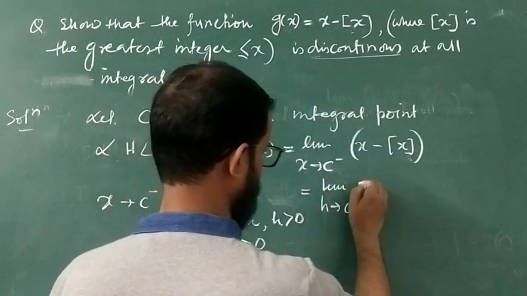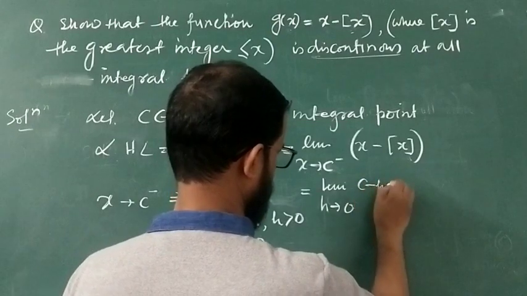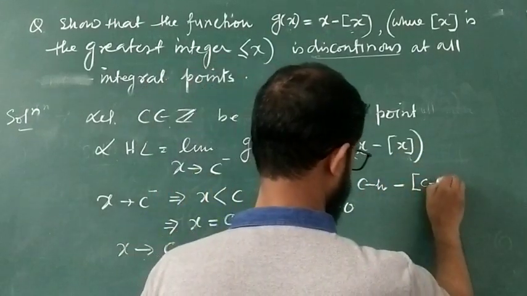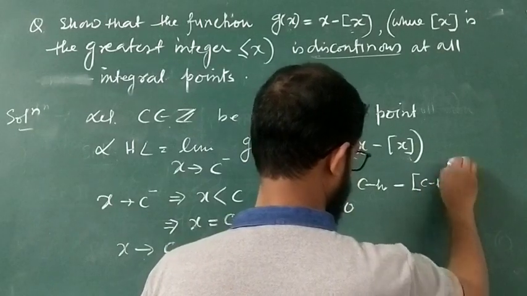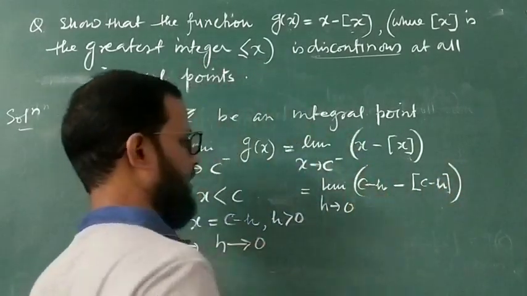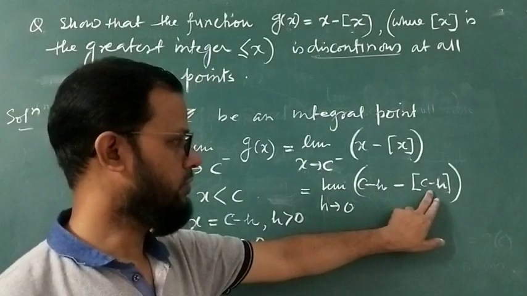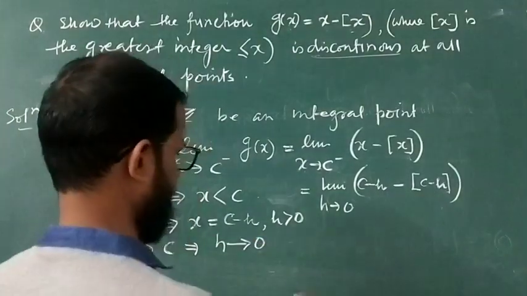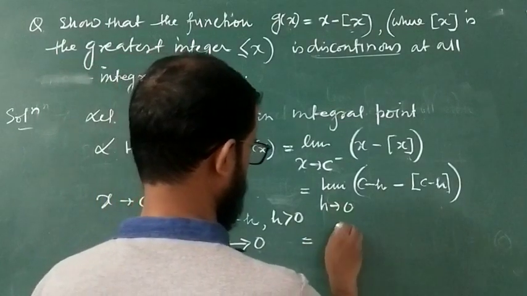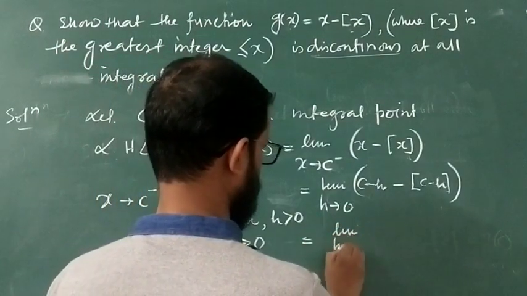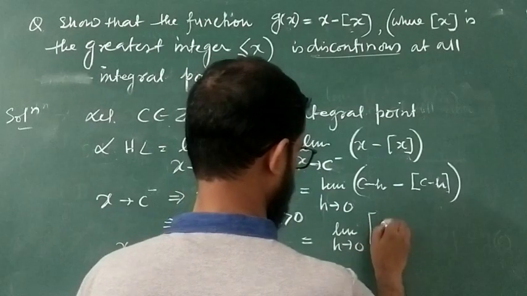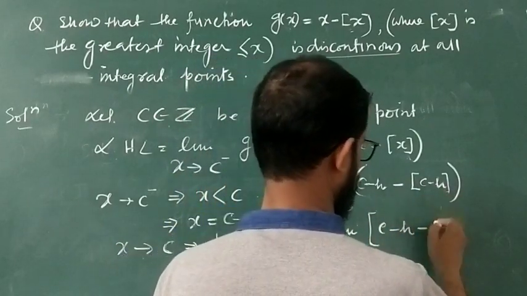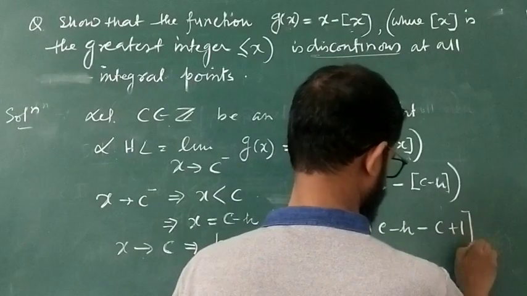Now x is replaced by C minus h, and this x is also replaced by C minus h. Give a bracket here. Okay. Now see, we already showed you box of C minus h. It is C minus 1. I showed you this at the start of the problem. Limit h tends to 0, C minus h minus C minus 1; since there is a minus, it becomes C plus 1. Okay.